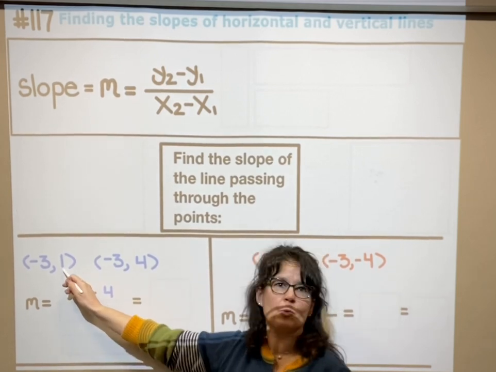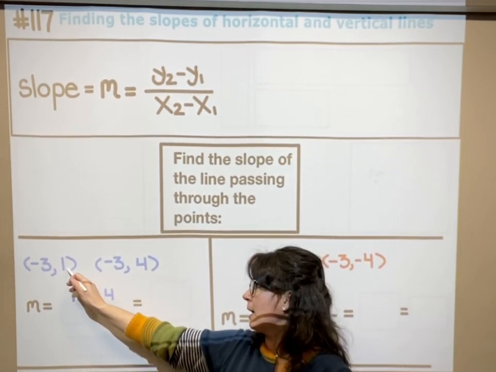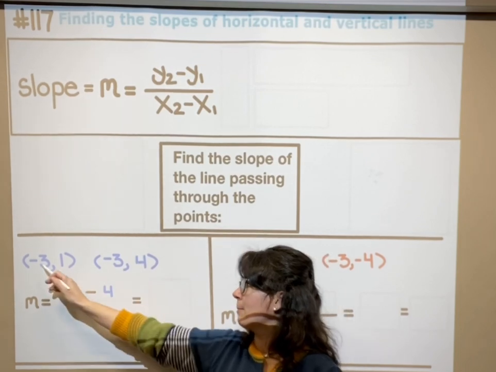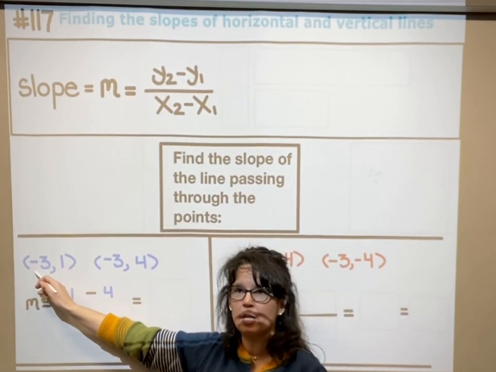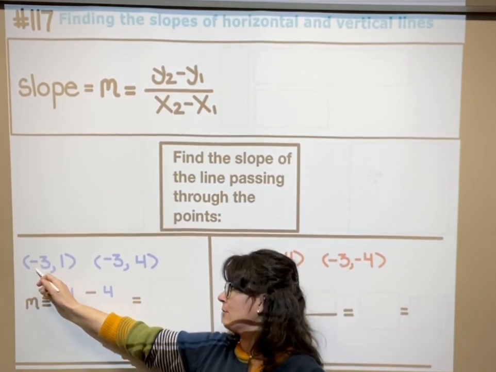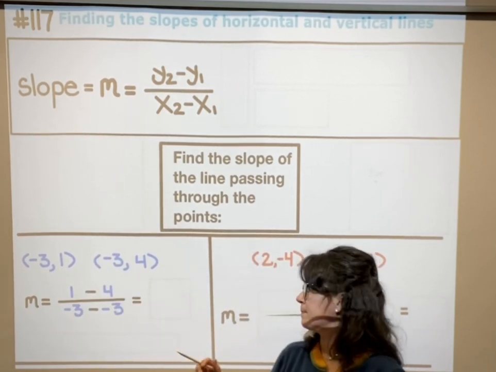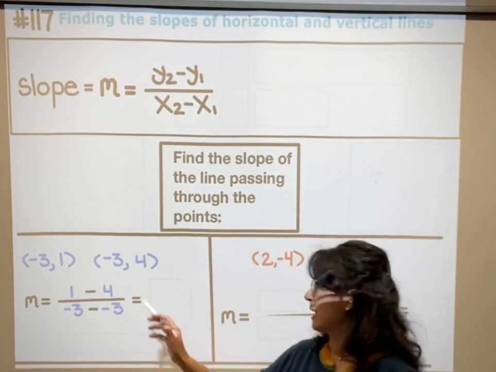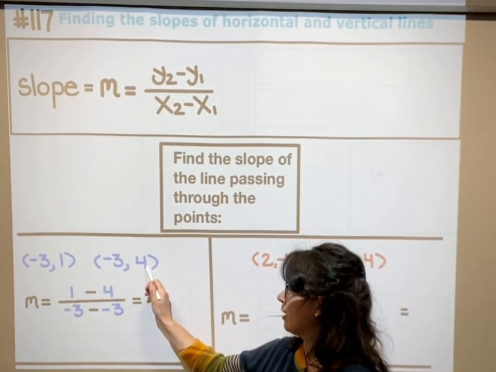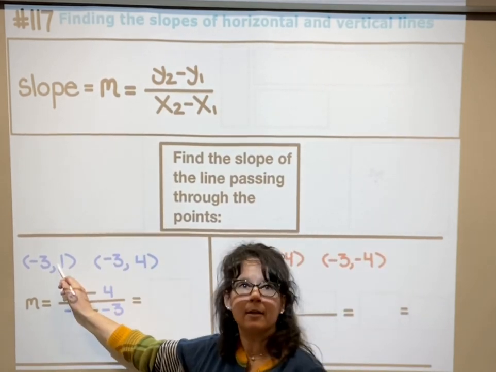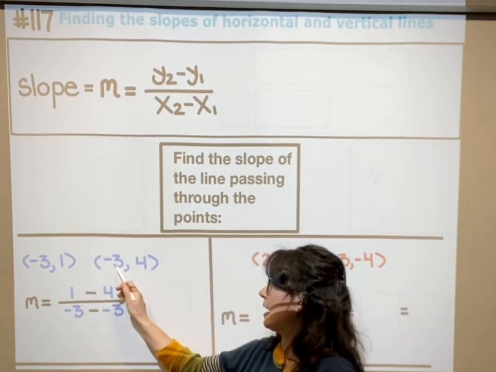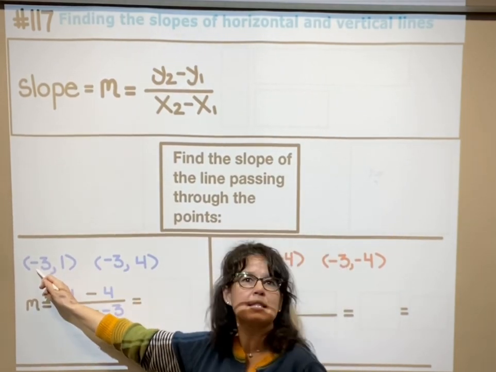Since I started with 1 and then subtracted off 4, I'm going to have to start with this one here. So then I'm going to have -3 minus a -3. It would be just fine if you wanted to do 4 minus 1, but then you'd have to have this -3 minus this -3.